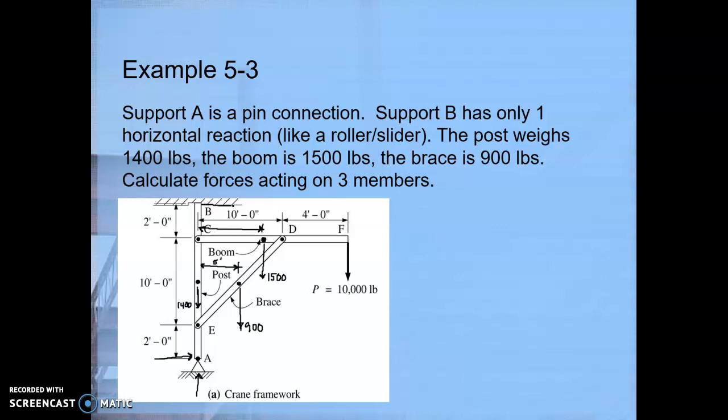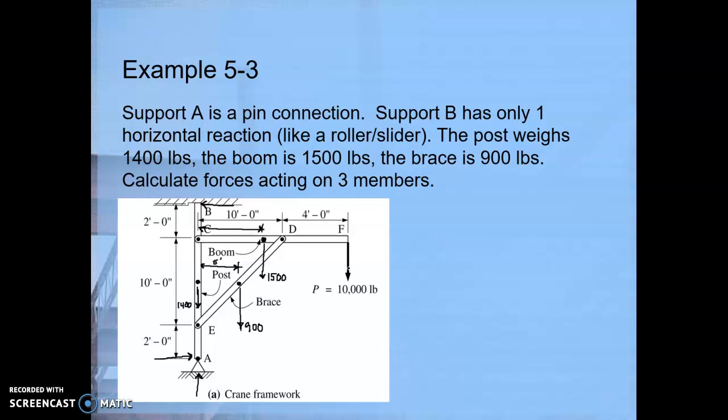And at B, up here, there's going to be a horizontal reaction to the left. So why did I assume that that was the sense here? Well, there are no horizontal applied loads to this frame. So why would there be horizontal reaction forces? Well, all of these weights and the external load applied here are all trying to pull this whole frame down. It's going to try to make the whole thing rotate clockwise.